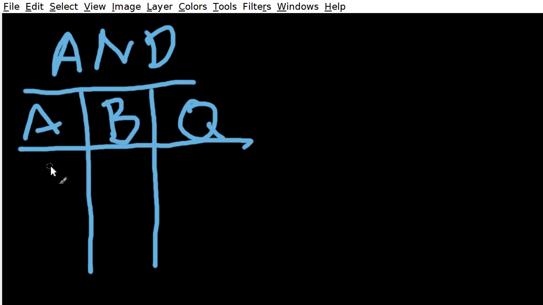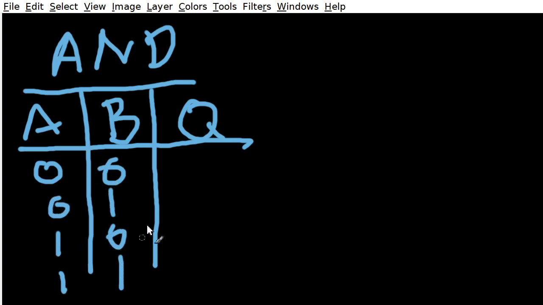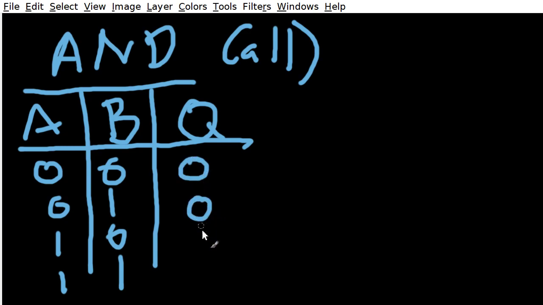We have 0, 0, 0, 1, 1, 0, 1, 1. The way AND works is all of the bits need to be 1 for it to be 1. So 0, 0, 0, 1. Only 1 is that, so that's not all of them. That's 0. That's not all of them. That's 0. That's all of them, so we got a 1.